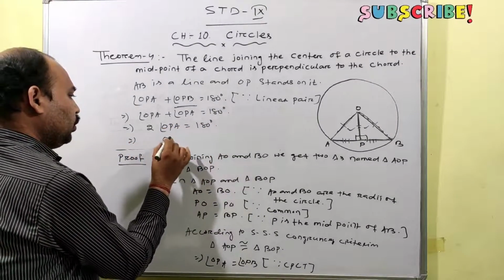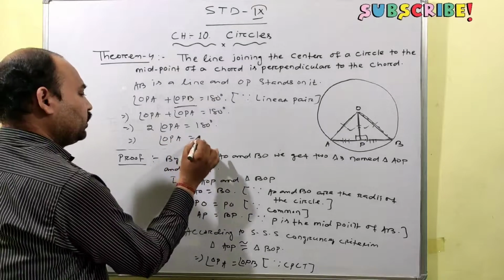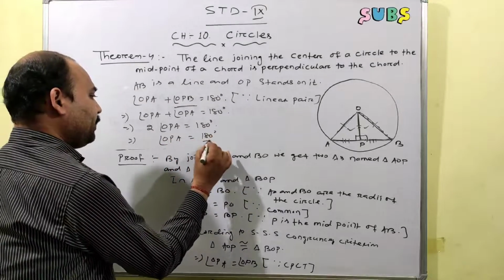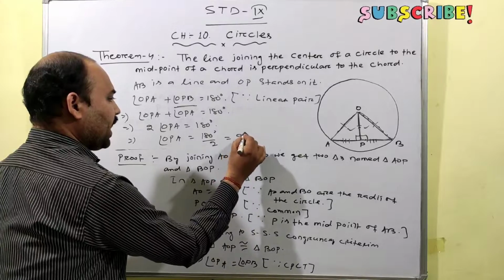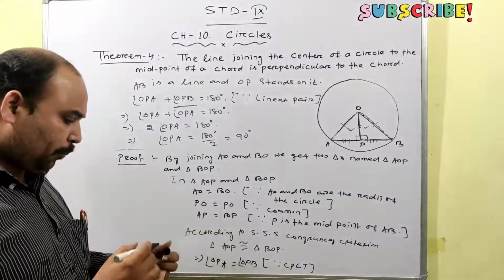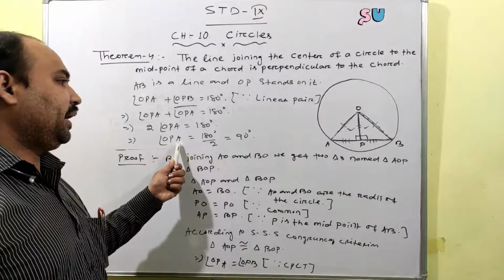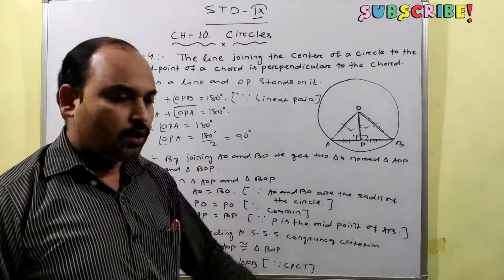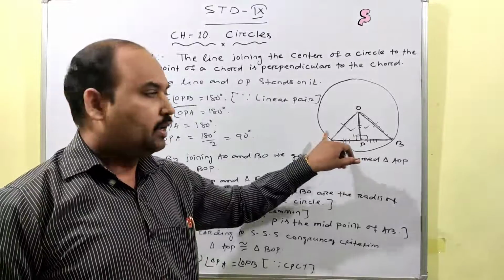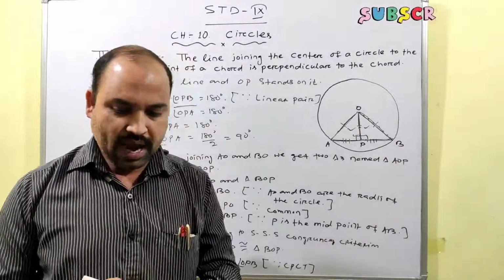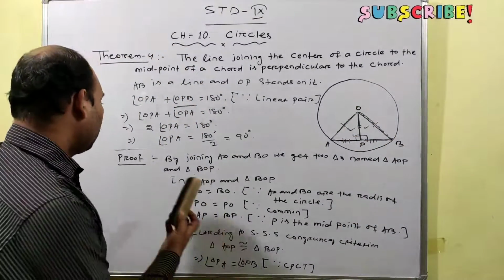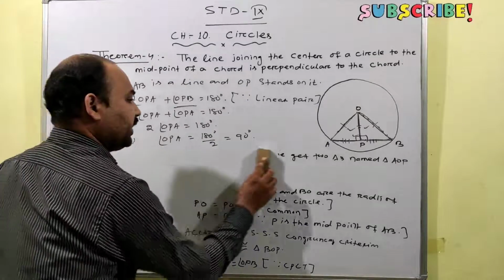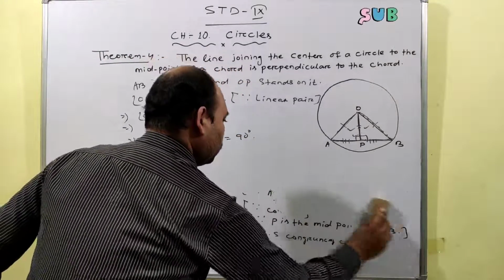That implies OPA angle equal to 180 degrees by 2 equal to 90 degrees. Now we proved that OPA angle is 90 degrees. When OPA is 90 degrees, then OPB is also 90 degrees because they are equal.